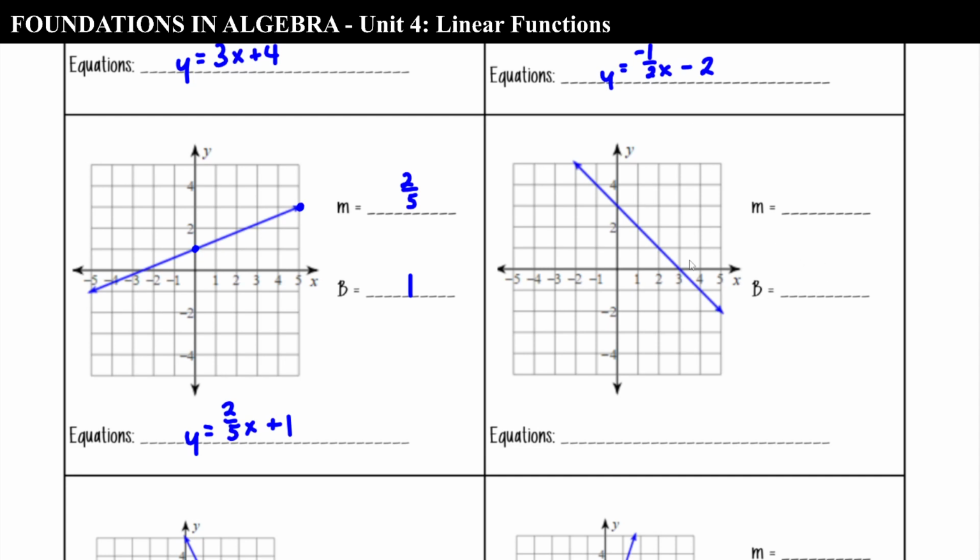Our y-intercept for this one is going to be 3. And our slope, if we go from this point to this point, is going to be -1 over +1, which is just -1. So our equation is y equals -x plus 3.